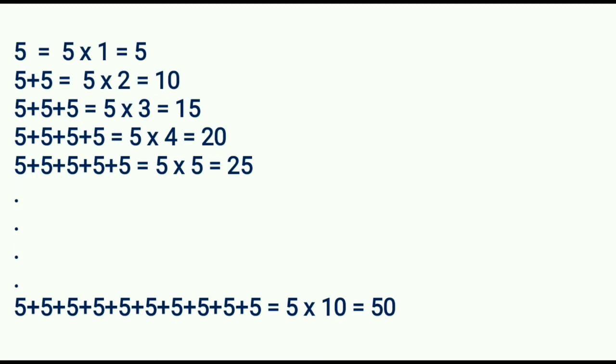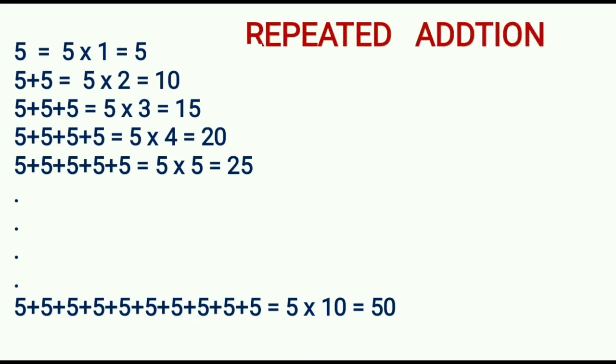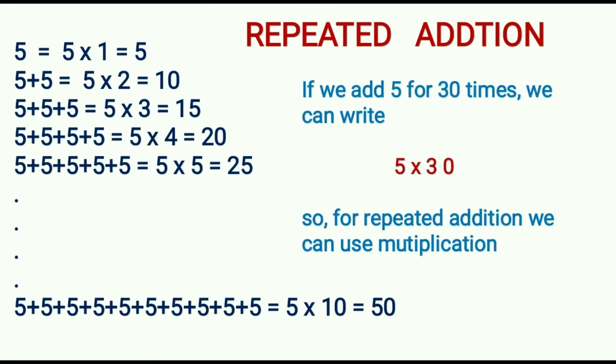If we add 5 for 3 times, we can write it as 5 multiply 3, that is 15. So that's a repeated addition. If we have to add 5 for 30 times, we can write 5 multiply 30. So for repeated addition, we can use multiplication.